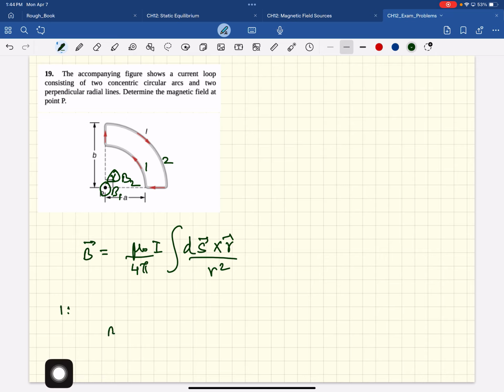All right, so B1 is, we're doing this integral, mu I over 4 pi. Here is ds, and here is r hat, and the radius, of course, is a. ds cross r hat, that's 90 degrees. ds cross r hat is a vector coming out of the sheet, but we already know the direction, so it's ds times r hat is 1, and so r squared is a squared.